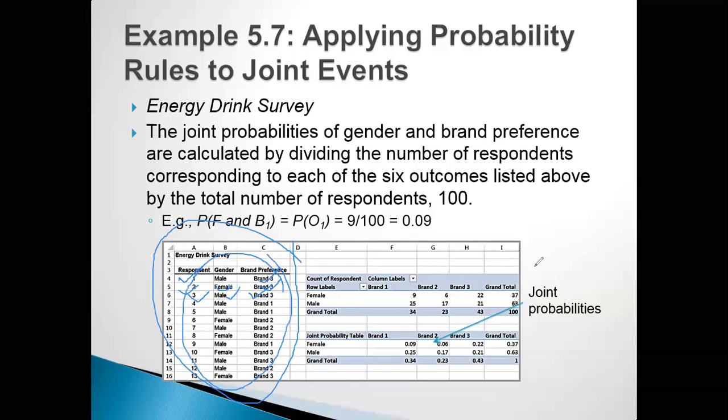And here I have told you in my last classes about the pivot table, through which we have calculated this. Now see here, what is the example we took? If the respondent is female and prefers brand B1, what is the probability here?